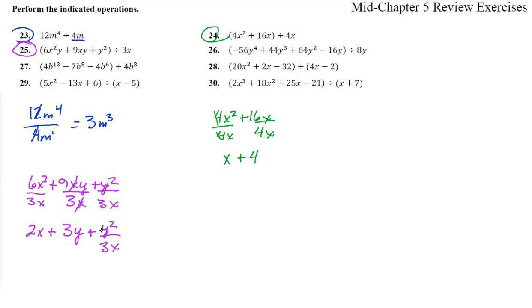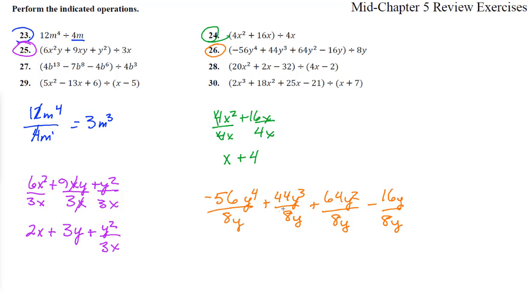All right, next is number 26. Here we have this whole thing divided by 8y. Let's write it out. Negative 56y to the fourth over 8y plus 44y cubed over 8y plus 64y squared over 8y minus 16y over 8y. Excellent. So the y cancels, and over here we're left just with a minus 2.